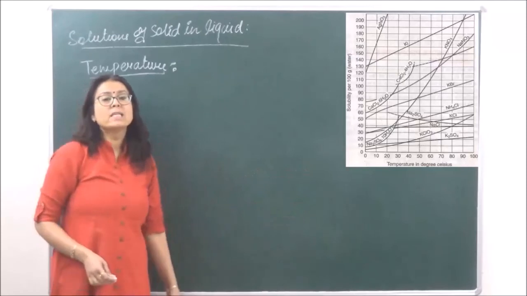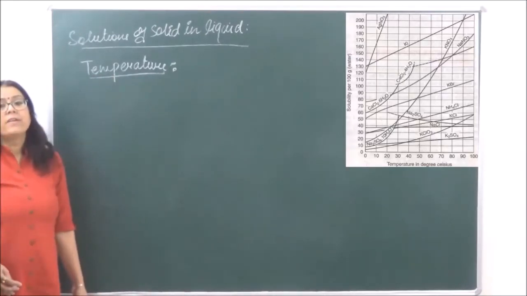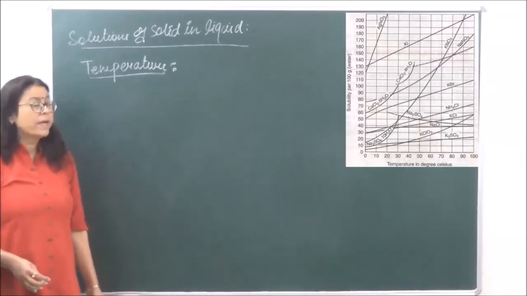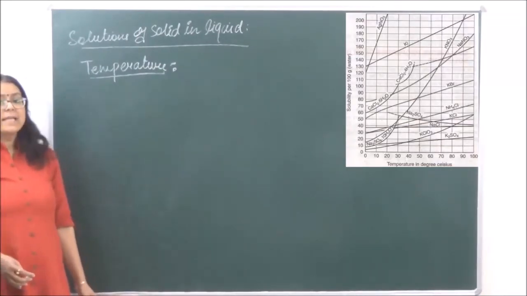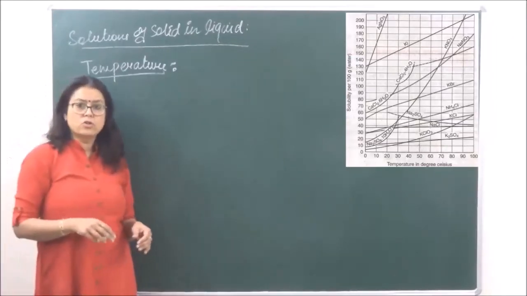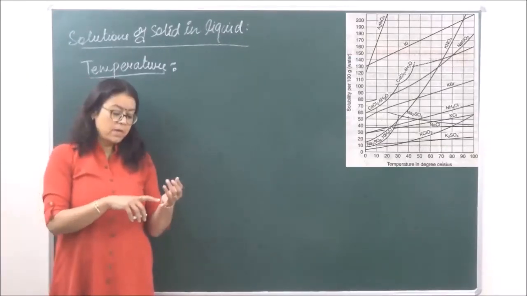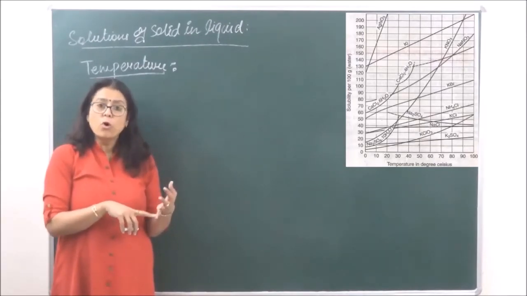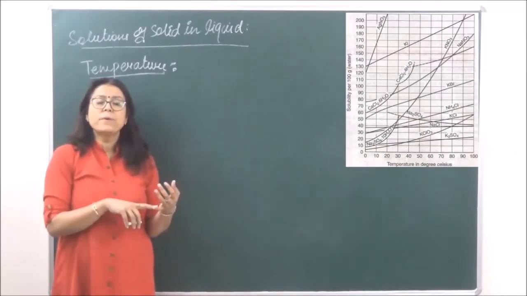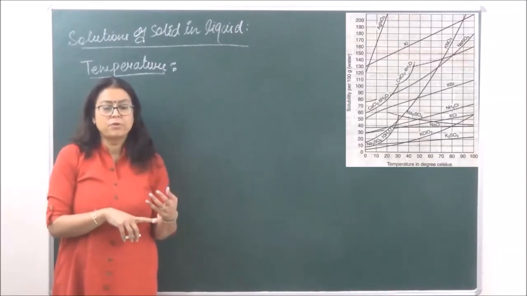This is also known as the solubility graphs of various solids. On mixing the solute and the solvent, energy may be released, or energy may be absorbed. So for both cases, the effect of temperature is going to be different.